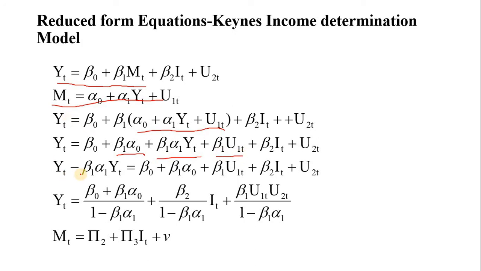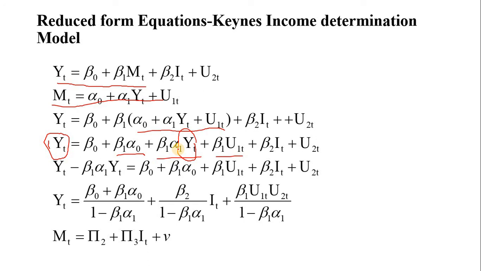Now you look at how many Y's are there here. One Y is here, one Y is here. The parameter of this Y is beta 1 alpha 1, so 1 minus beta 1 alpha 1 will go to the right hand side and appear as a denominator.